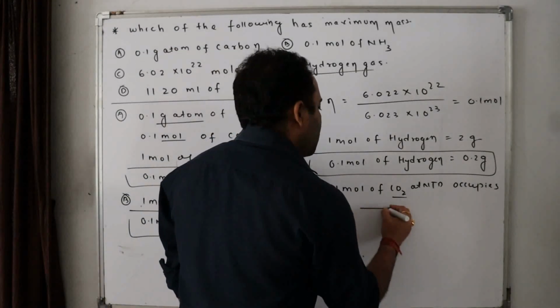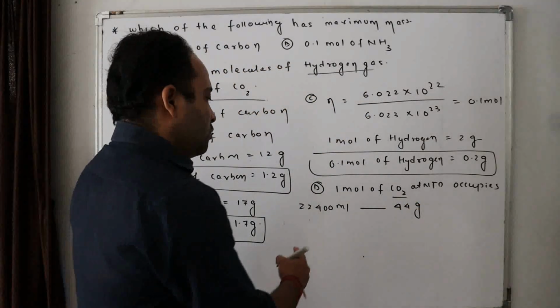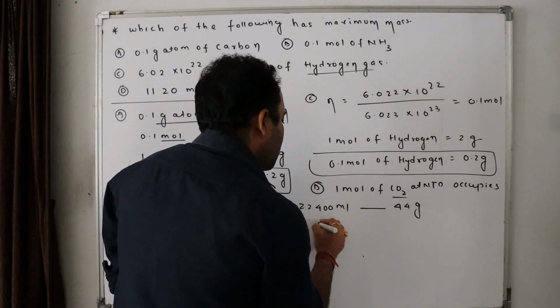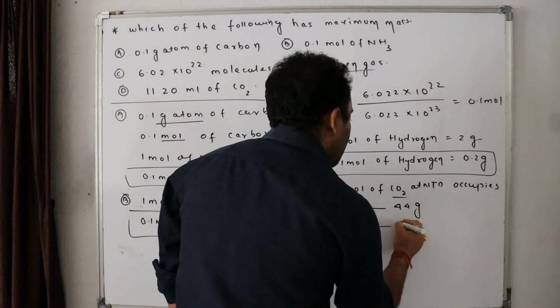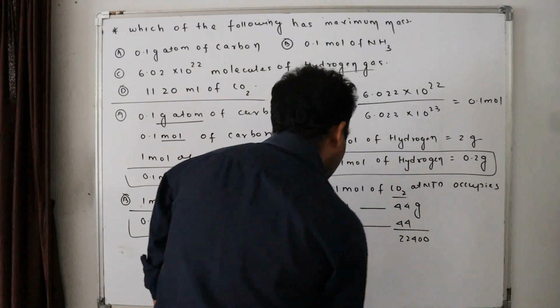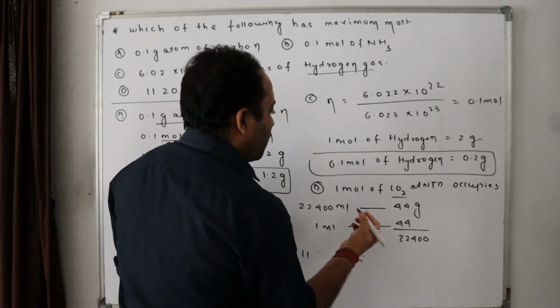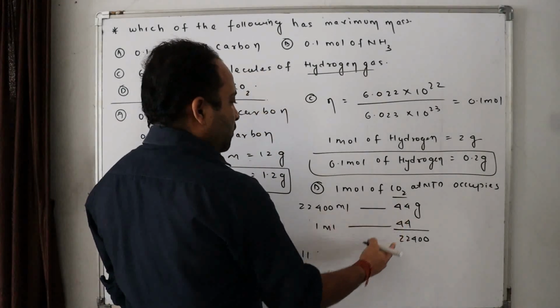And has a molar mass of 44 grams. So 22400 ml is 44 grams.